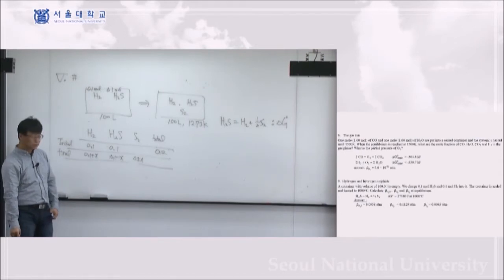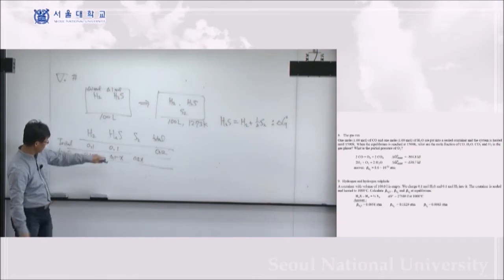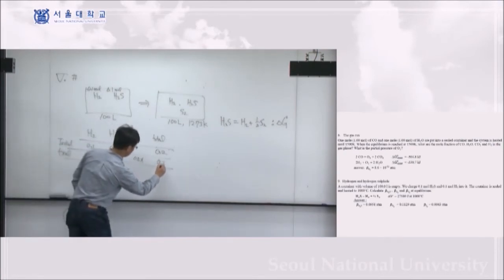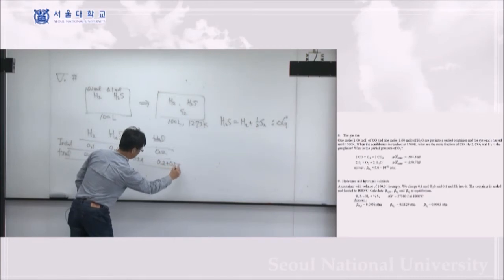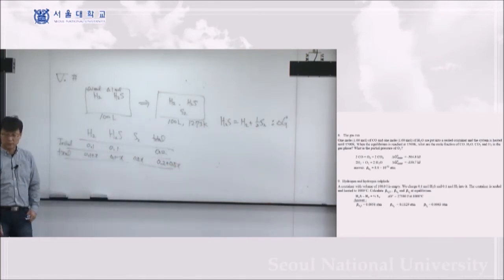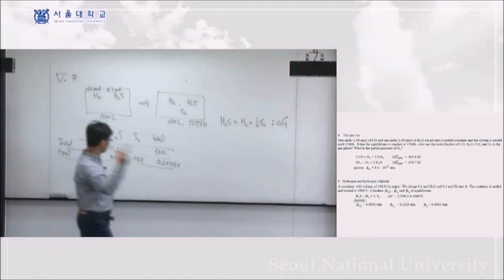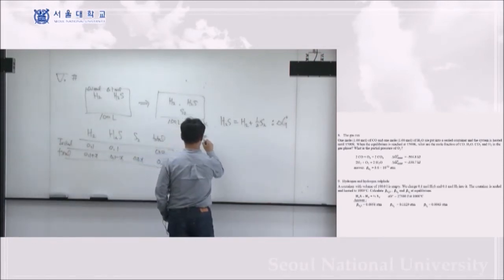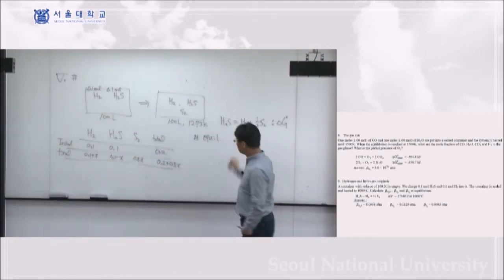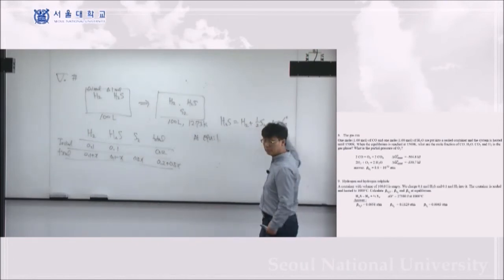Then the total is 0.2 plus 0.5x mole of gas that can be formed in the end. You good? So the only actual chemical reaction we can consider is this H2S dissociation reaction. So at equilibrium state, in the final state, this reaction should be in equilibrium internally.